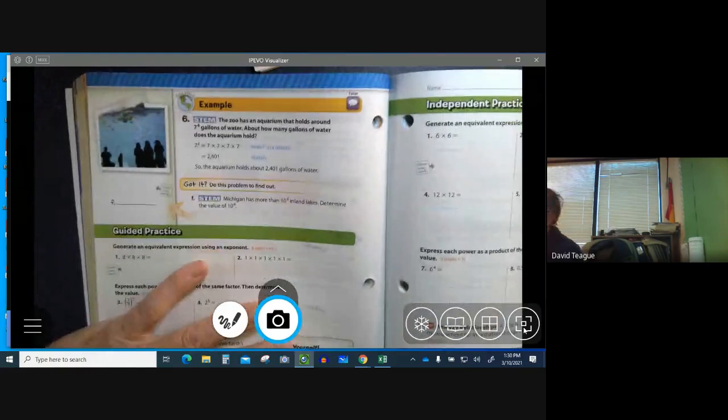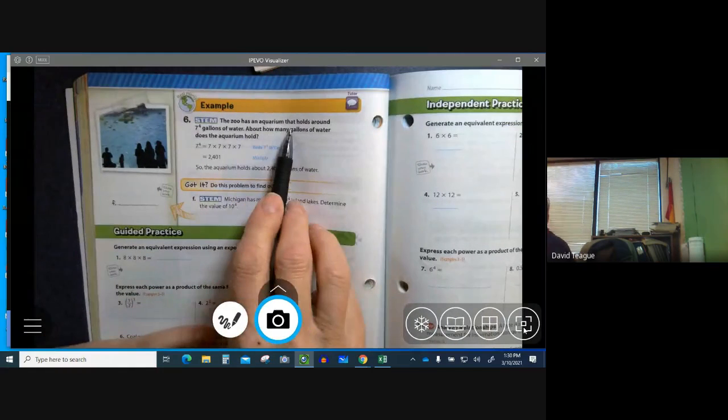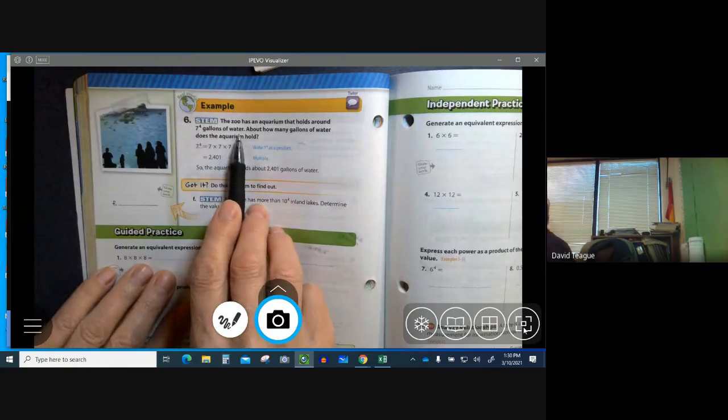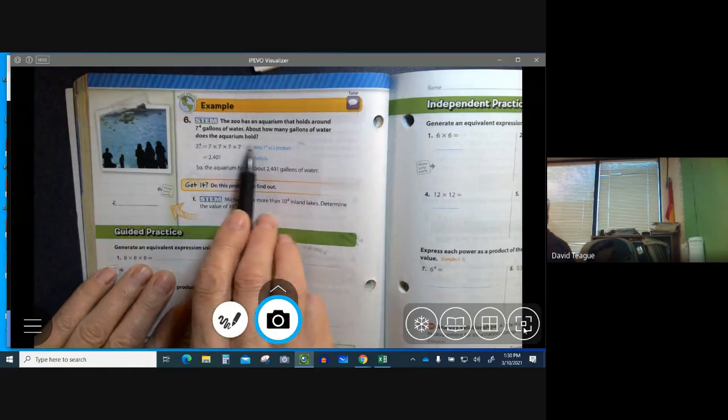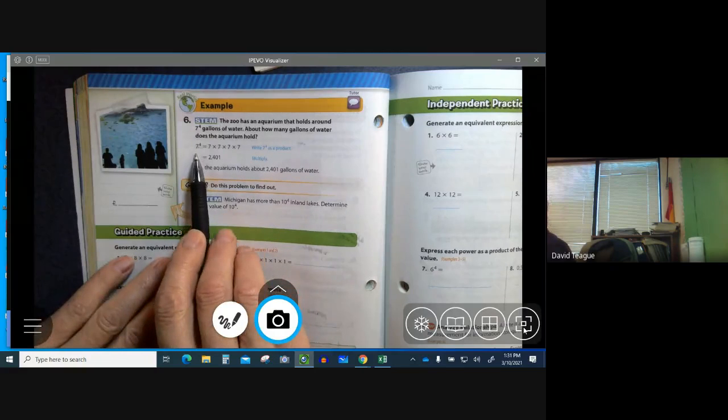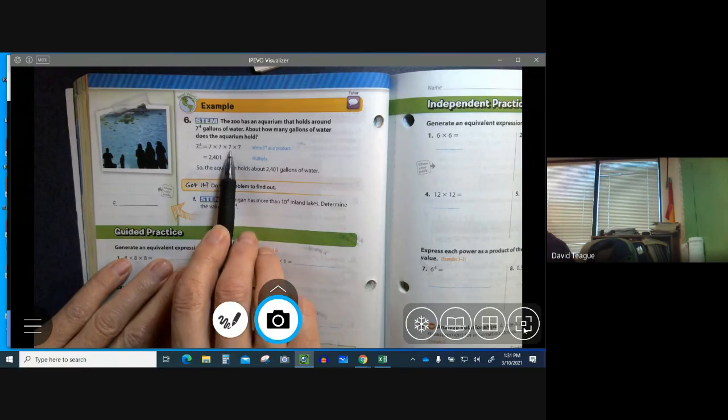Okay, so on this page, at the top, the zoo has an aquarium that holds around 7 to the 4th power gallons of water. About how many gallons of water does the aquarium hold? If we expand this expression, it's 7 times 7 times 7 times 7.